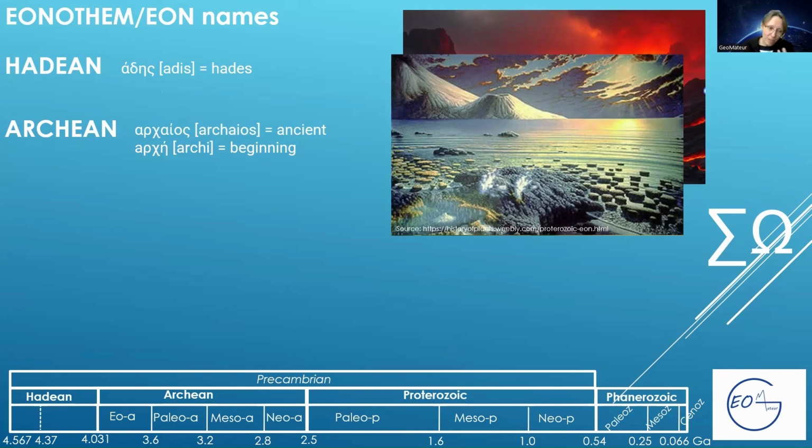Cyanobacteria played a very important role in Earth history because cyanobacteria were the first organisms that could photosynthesize and produce O2. And the O2 production shaped what happened in the next unit, Proterozoic.